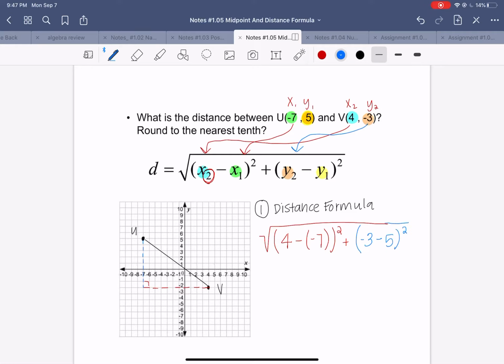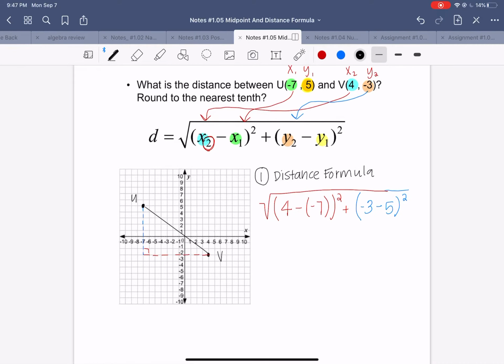And usually if we have a calculator, you can plug this all in the calculator and it gives you your answer right away. But we do not have that luxury unless you have your own calculator. So let me go through this.